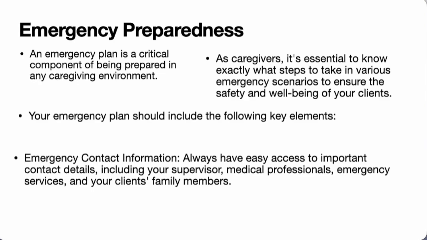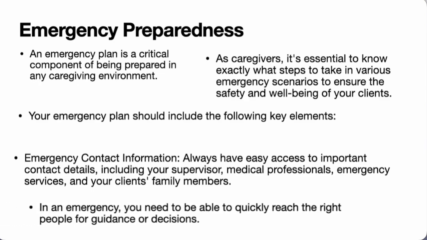Emergency contact information. Always have easy access to important contact details, including your supervisor, medical professionals, emergency services, and your client's family members. In an emergency, you need to be able to quickly reach the right people for guidance or decisions.